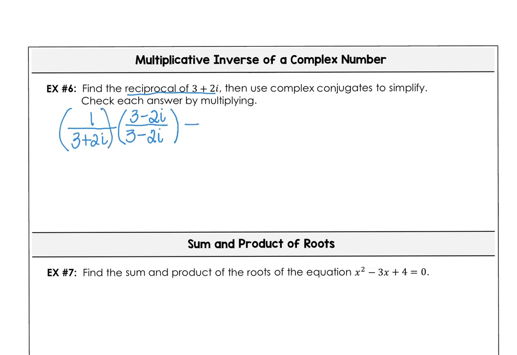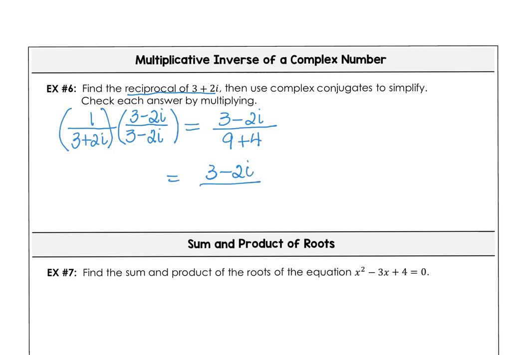Then multiplying the numerator together, that's 3 minus 2i, and the denominator by the property of conjugate pairs, we're going to get a squared, which is 9, and b squared, which is plus 4. So we have 3 minus 2i divided by 13.